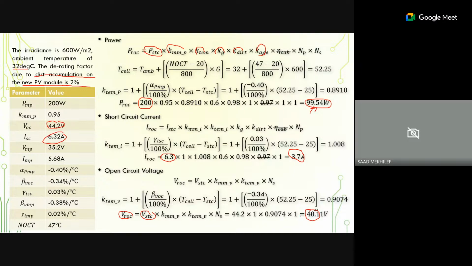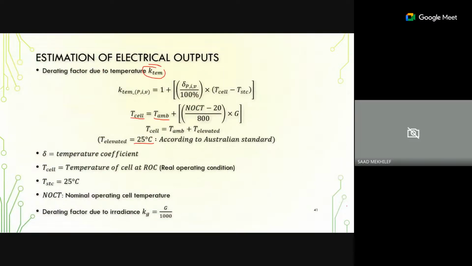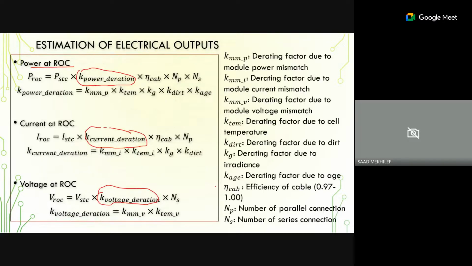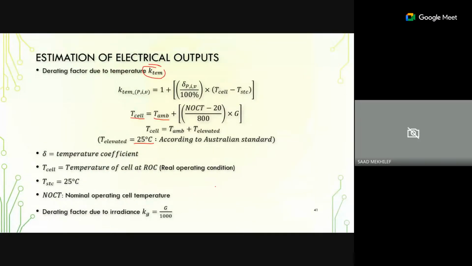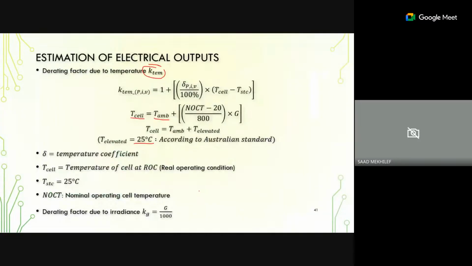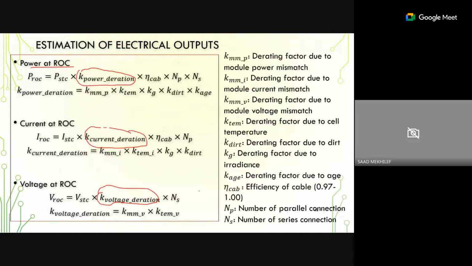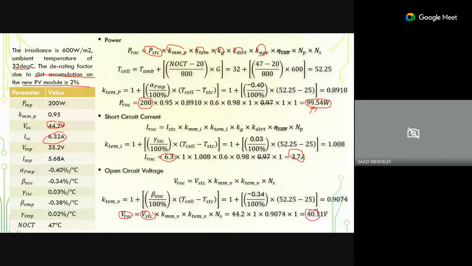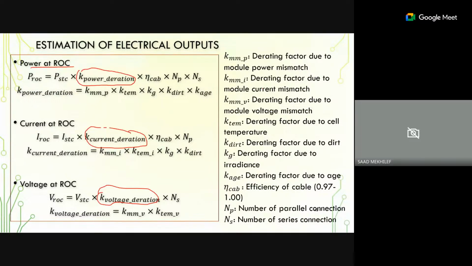But these derating factors are real, they are there, due to the temperature, due to the dirt. So different factors have to be taken into consideration. These are different derating factors, for example due to module mismatch, power mismatch. Because what's the assumption when we put two modules together?